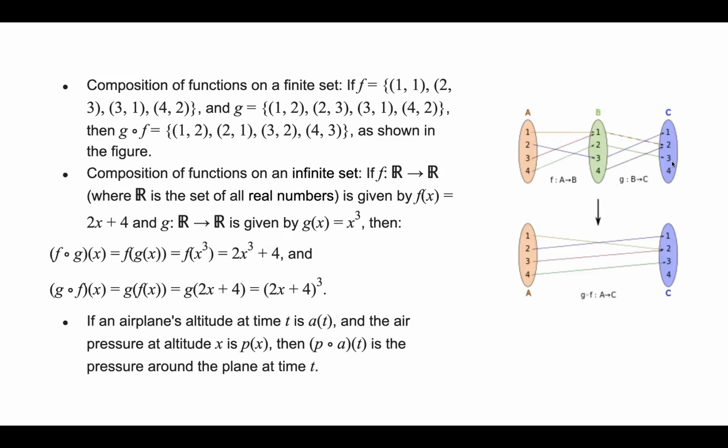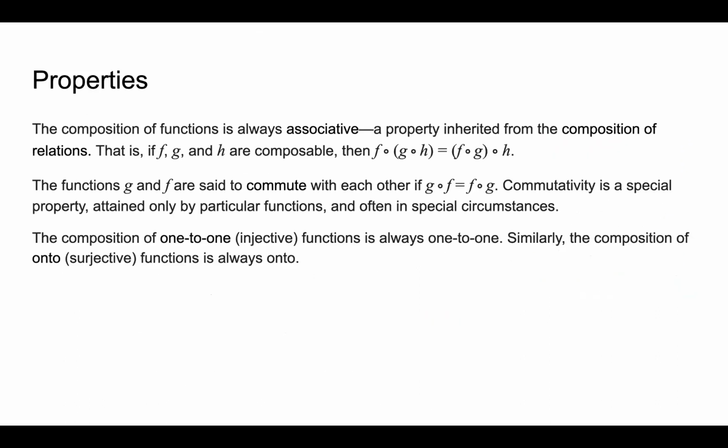This is not an onto function, only a one-to-one function. So the composition of these two functions is one-to-one. In case of onto functions the composition result is onto, and in case of one-to-one, the result is one-to-one.